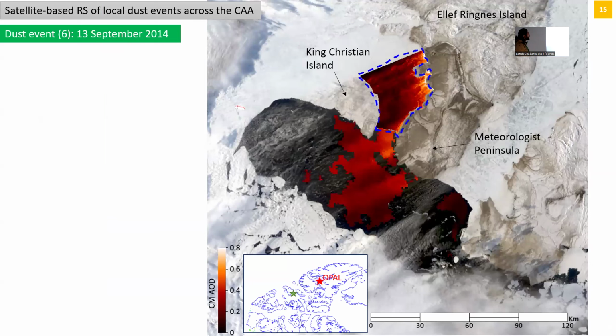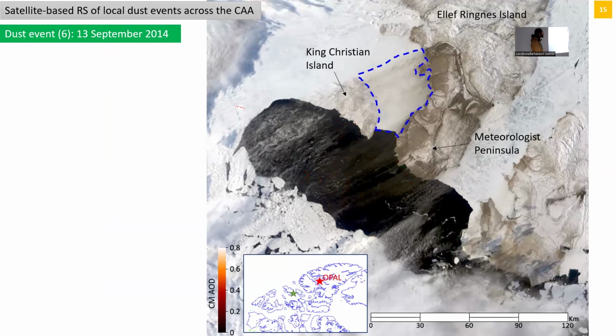Here is another dust event on 13 September 2017, I think. It's on Ellef Ringnes Island, in the middle of the Canadian Arctic archipelago. You can see the location with the green star.